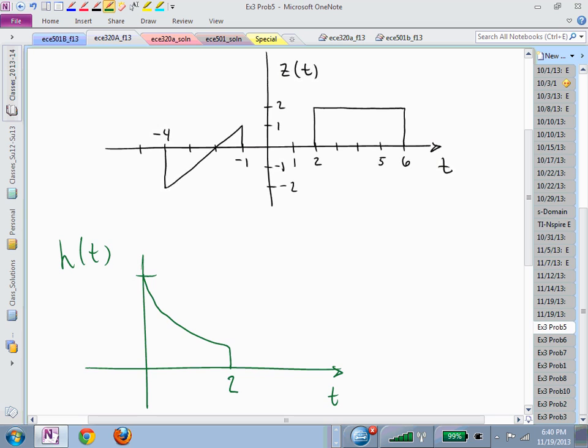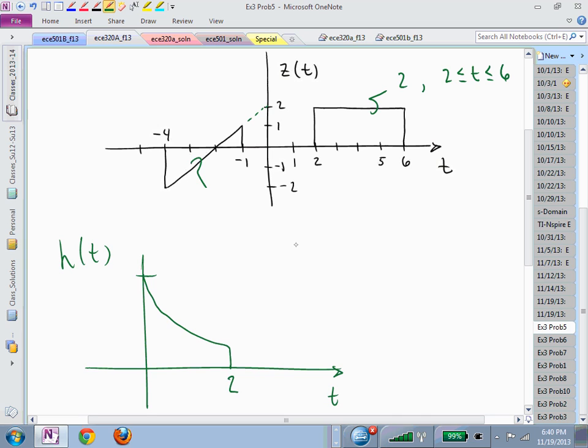Where were we? Oh, flipping and sliding z of t. First thing I would do is probably label the functional form of this. This is 2 from t equal 2 to 6. And now I need to find what this guy is as far as its functional description. And I might just extend that and say, oh, its y-intercept is 2.